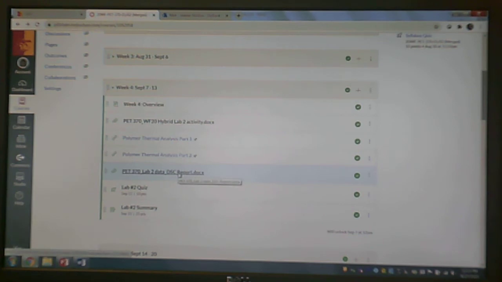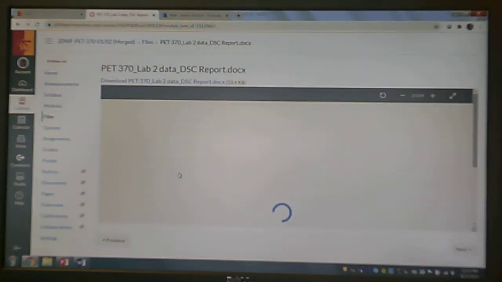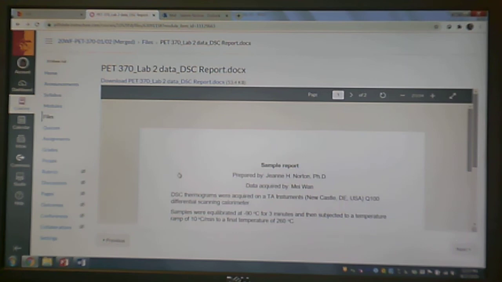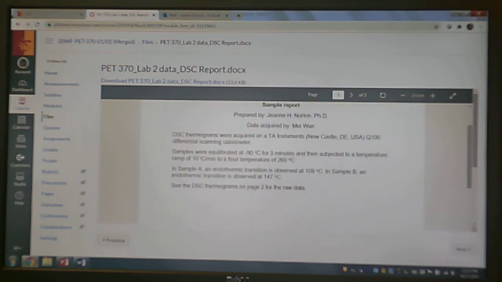So here is our first data packet. And these were data that I gathered myself on these two polymers. So we have two samples, A and B, and there's a summary of the data here. And this is where you need to look and get information for your summary report.